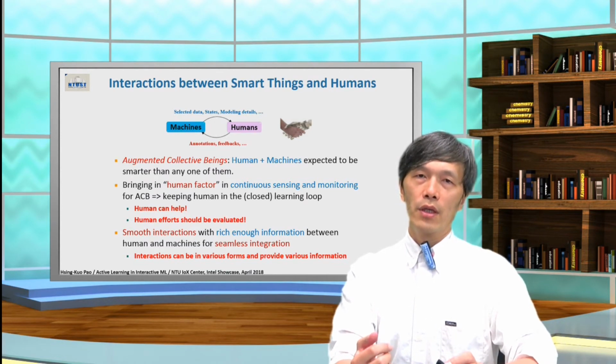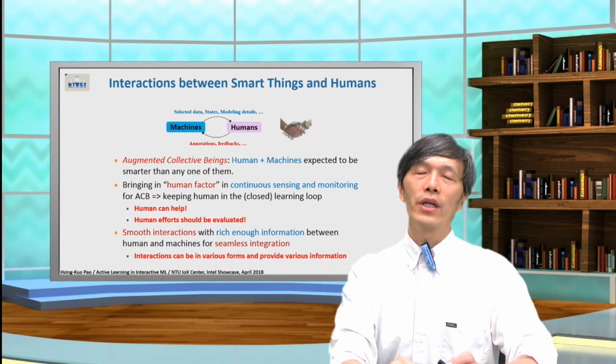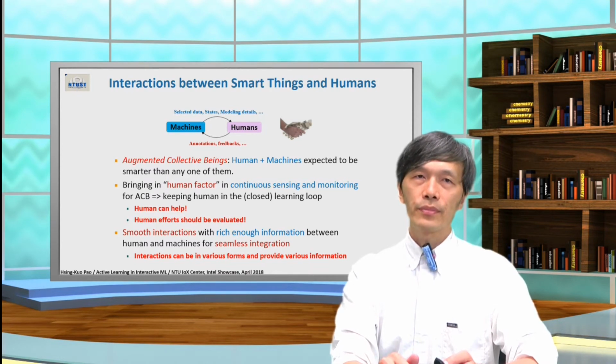And then the human will continuously give feedback to the machine. After a while, we hopefully can have a converged result, meaning that both the human and the machine will perform better than before after a certain period of time.